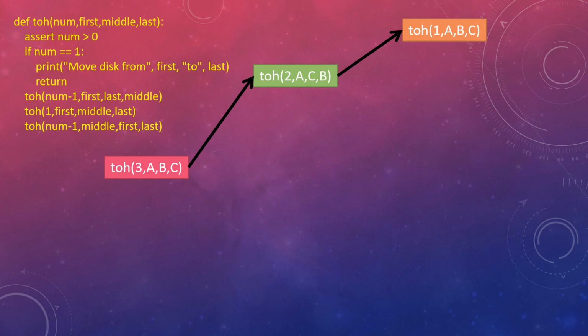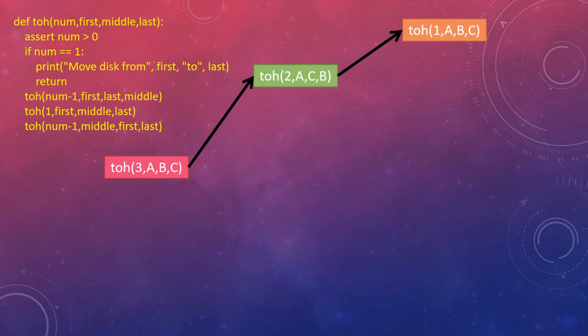TOH 1 A B C. In the green box, the source is A, the destination is B, and the auxiliary peg is C. So the first recursive call generated by the green box wants to take one disk from A to the auxiliary peg C. In the orange box, num is equal to 1.